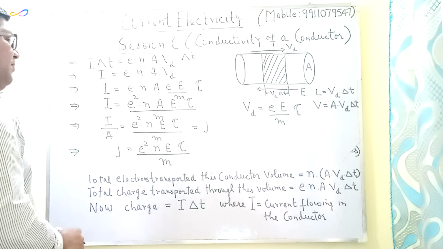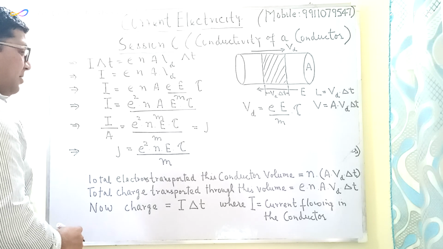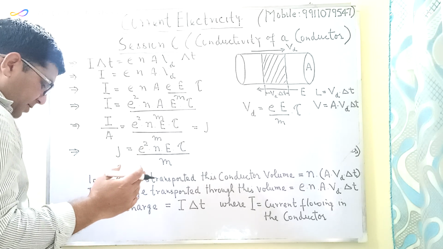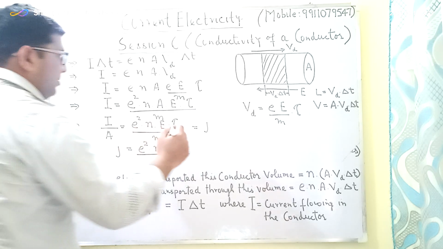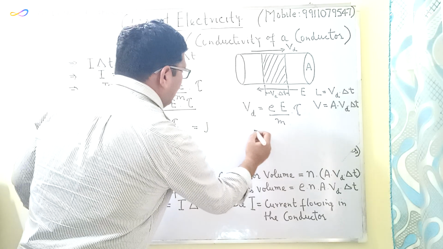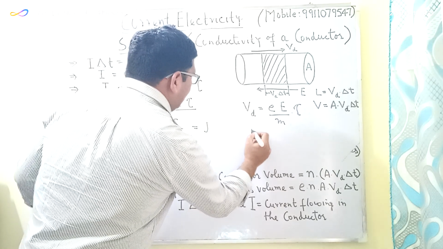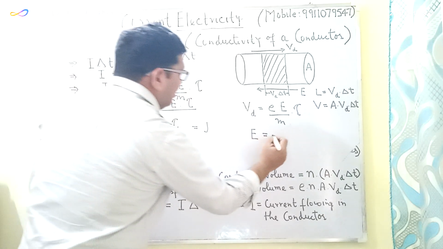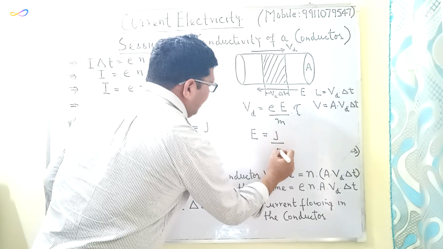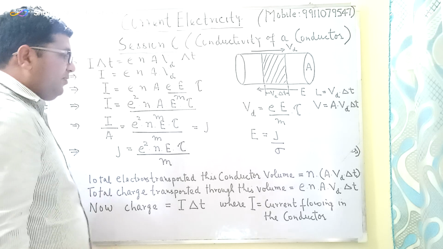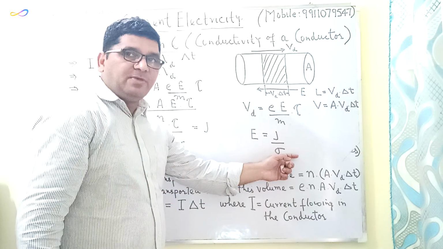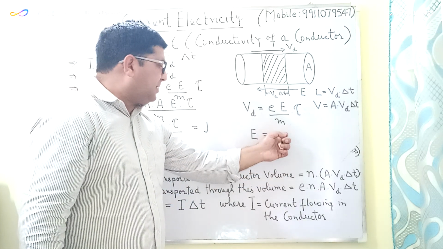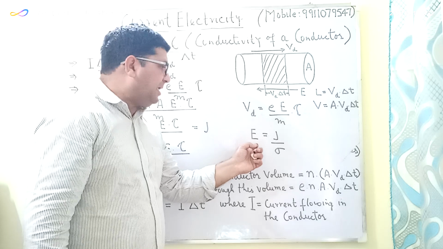Now, in the previous session, we have also seen that E was also equal to J divided by sigma, where sigma is the conductivity of a conductor, J is the current density, and E is the intensity of the electric field.